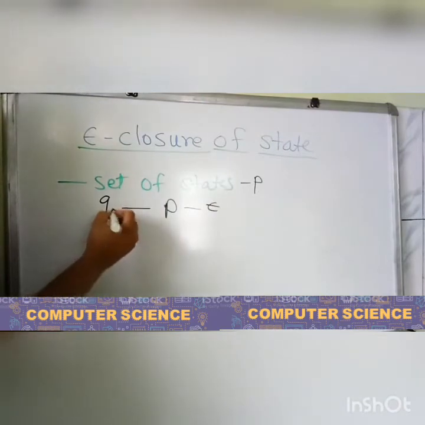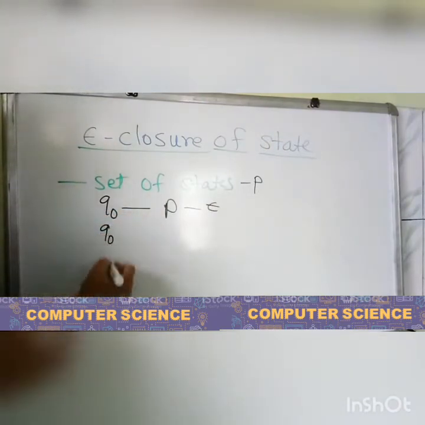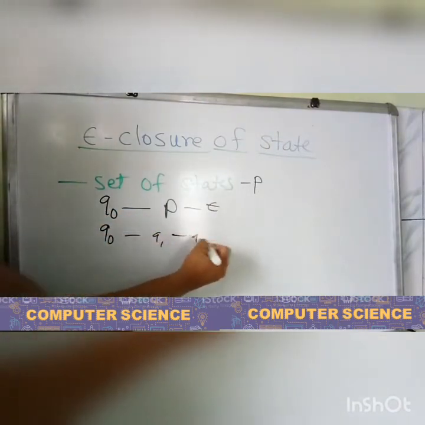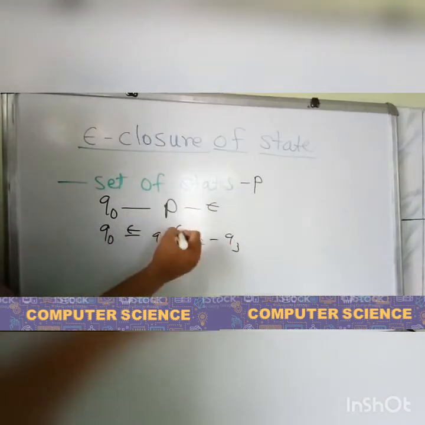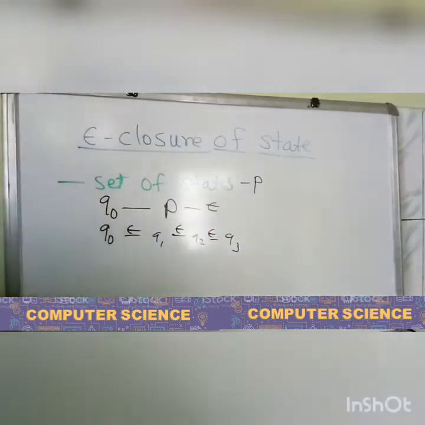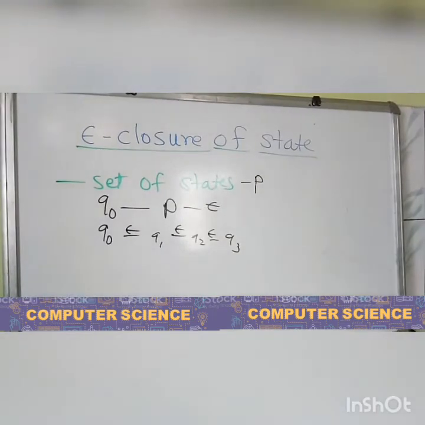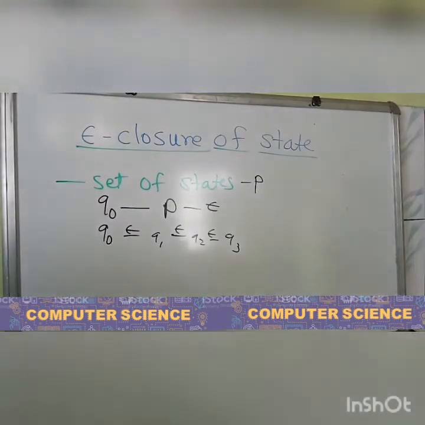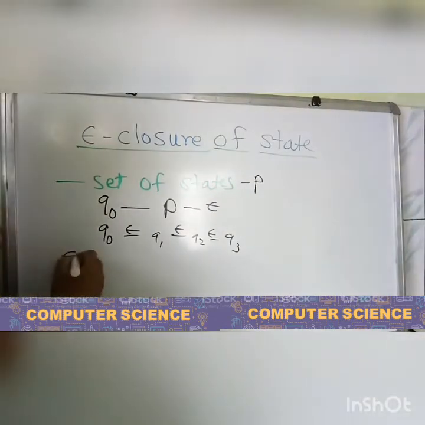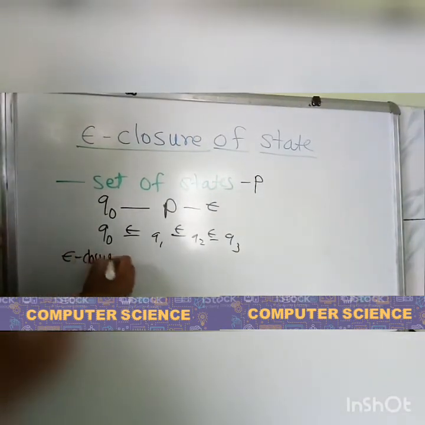Suppose there is a case like Q0, Q1, Q2, Q3, and all these states are connected by epsilon. Then we have to design the epsilon closure of Q0.